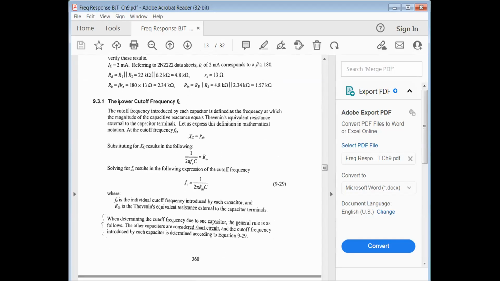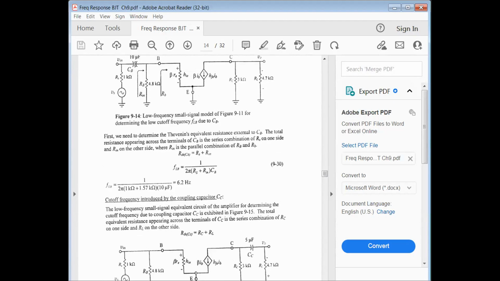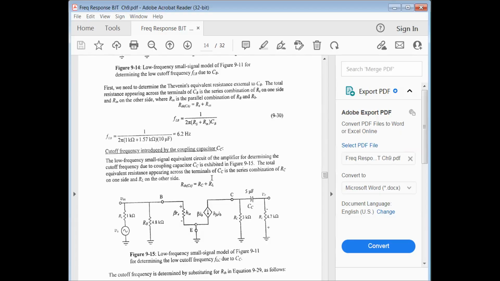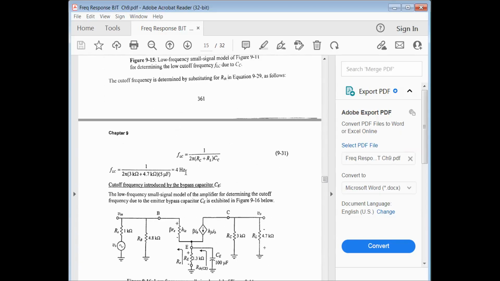Section 9.3.1, the lower cutoff frequency, F sub L. You calculate your pole due to C sub B, and you get 6.2 hertz in this example. Then you do the same thing for C sub C, and you get 4 hertz.